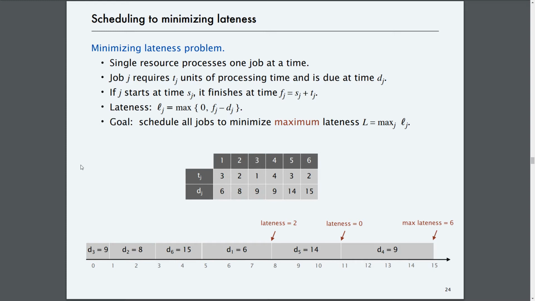The lateness of the set is the max of all jobs' lateness. So we want to make a schedule for all jobs which minimizes the maximum lateness. And note, if a job finishes before its due time, its lateness is just 0.